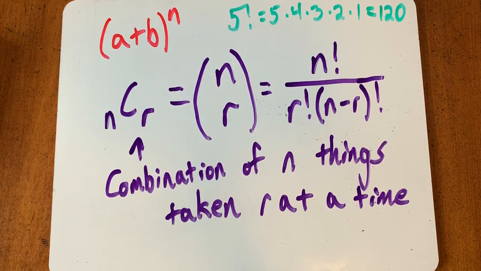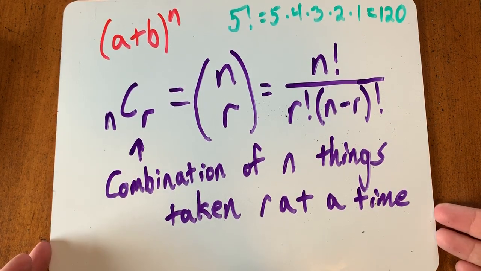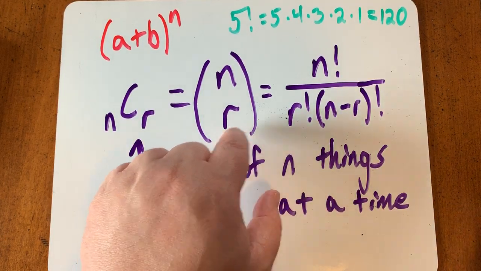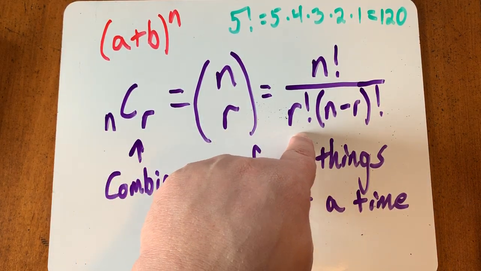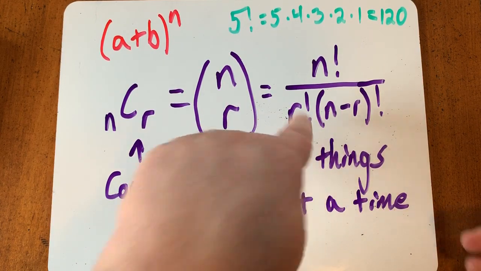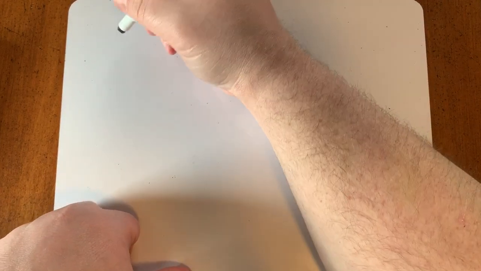All right. So this is combinations. We're just going to be using this notation, and you just need to know that's the formula. Now, if we just start messing around with some combinations, let's say we did the combinations of 3.